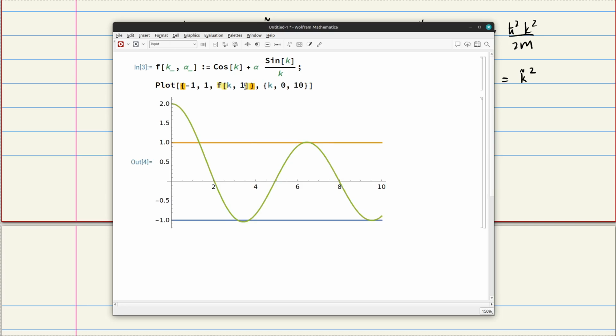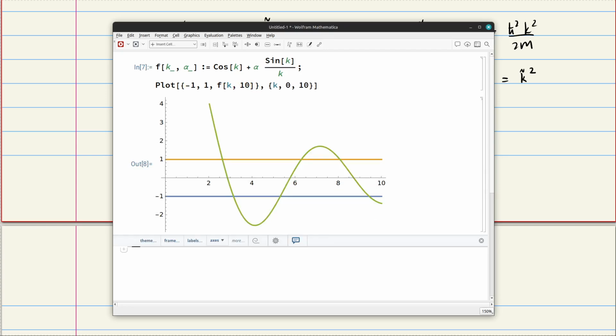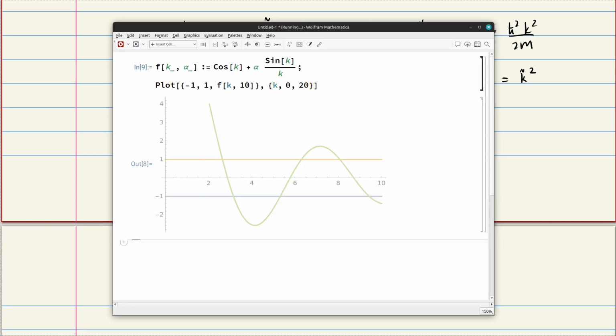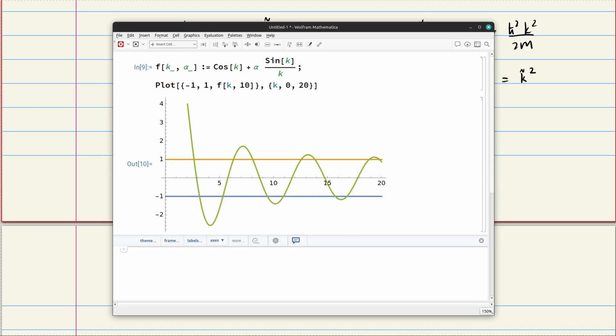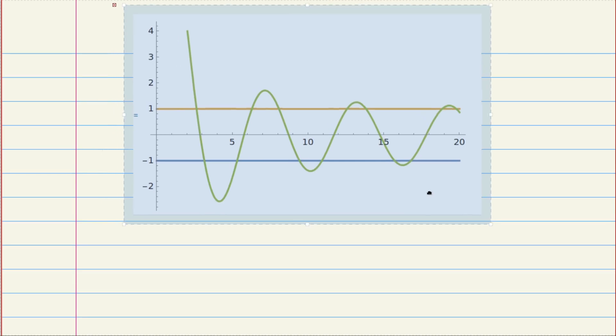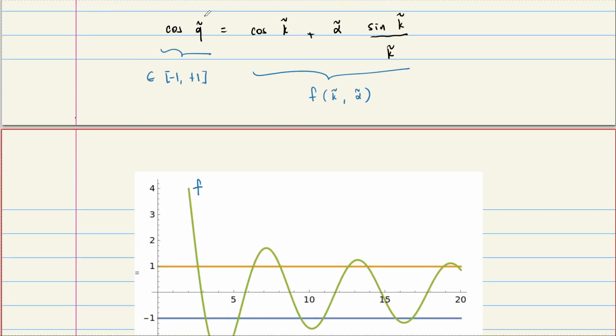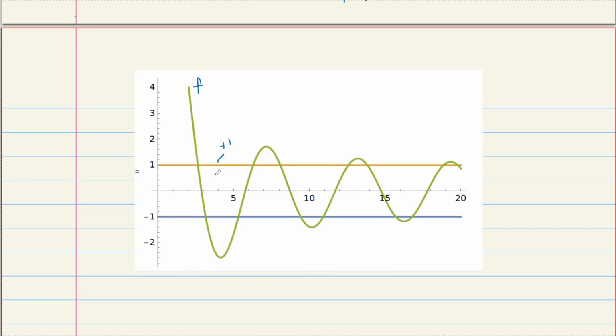Let's increase alpha. So this is 5. Let's increase alpha to, I don't know, 10. You can see the solution. I can also increase the range of k. Now let me take this piece and tell you what it means. This is the function f, and this orange is +1 and blue is -1.